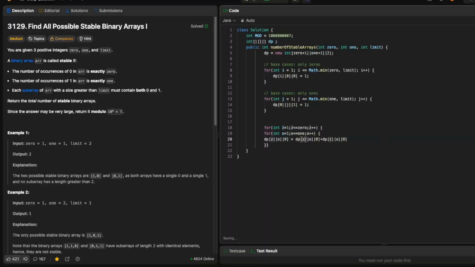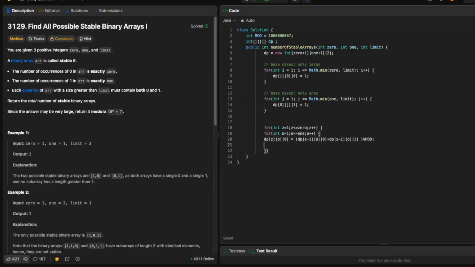Either we have z minus 1 zeros ending with 0, or z minus 1 zeros ending with 1. This is going to be the answer if the size is not exceeding our limit. After that we have to do mod here.